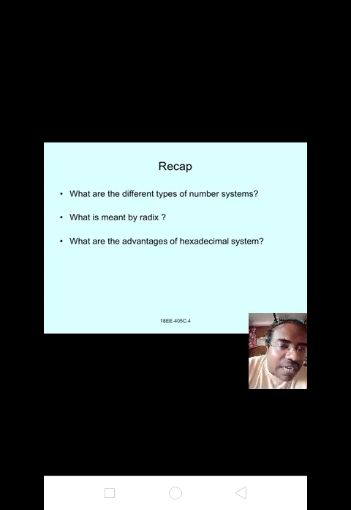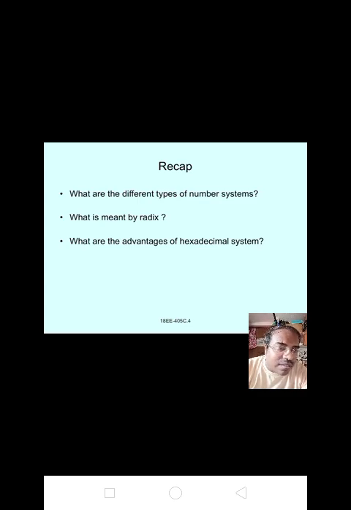Again, we learn what the advantages of the hexadecimal number system are. Once again, what are the number systems? Decimal number system, octal, binary, hexadecimal.